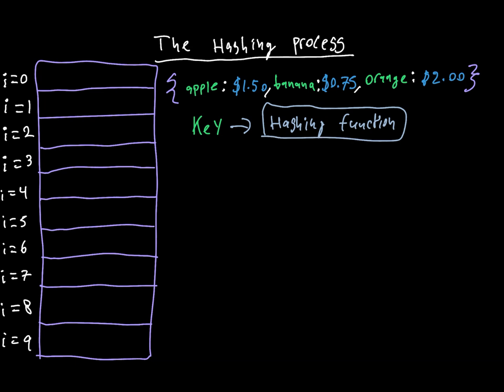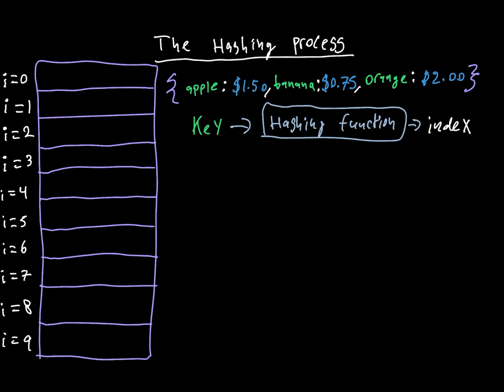That hashing function maps to an index, and then you can use that index to connect it to an index in the array, and then you would store the key value pair within that index space.